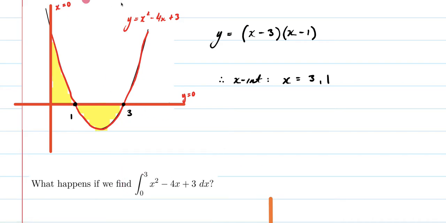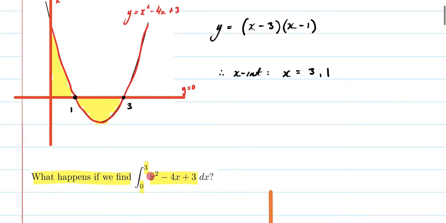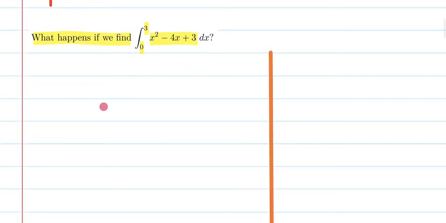Let's see what happens if we find the definite integral of our function between x is equal to 0 and x is equal to 3. That's the region between this point and this point, where things are bounded. We're not really paying attention to the fact that we've got a bit above and a bit below. We're just going from here to here, and we're going to see what happens. This is exciting. Let's go.